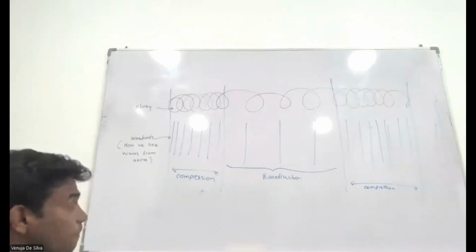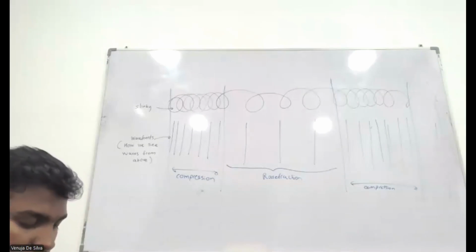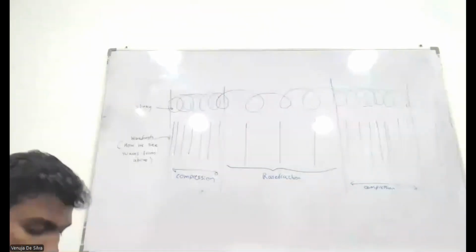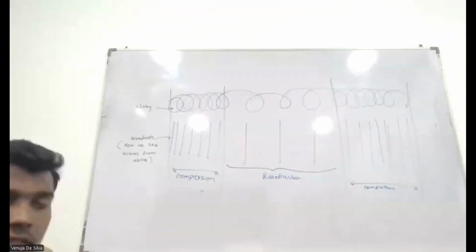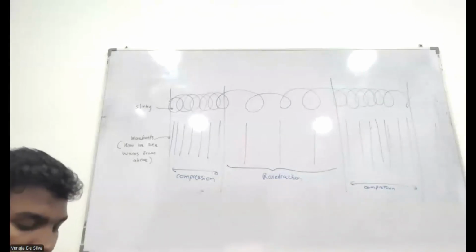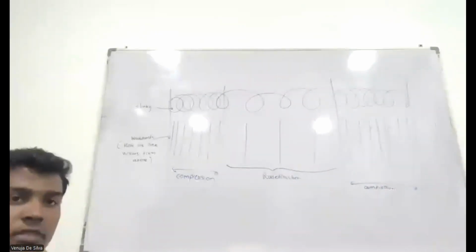Then rarefactions are the areas in which particles are away from each other and pressure is minimum. Same thing the other way.